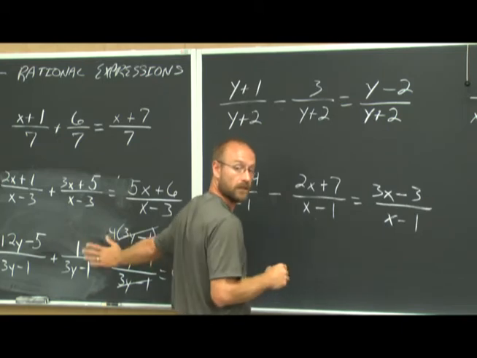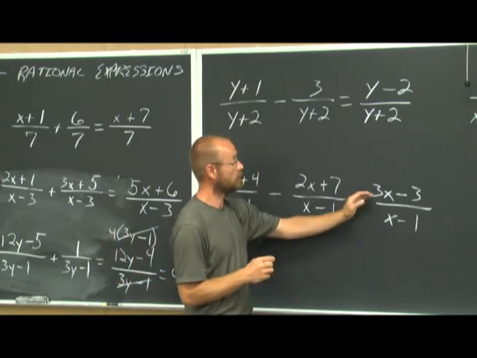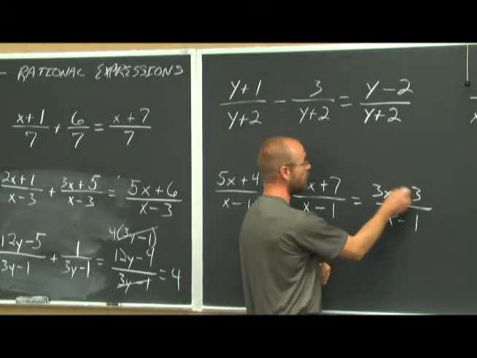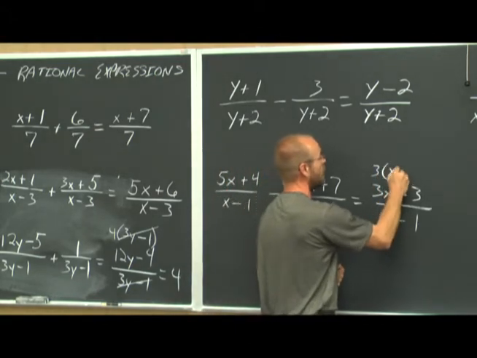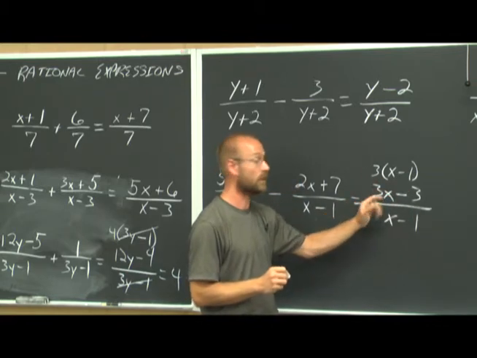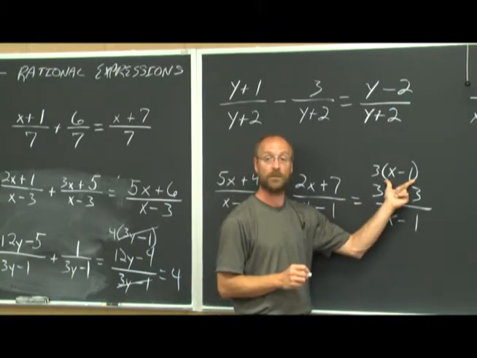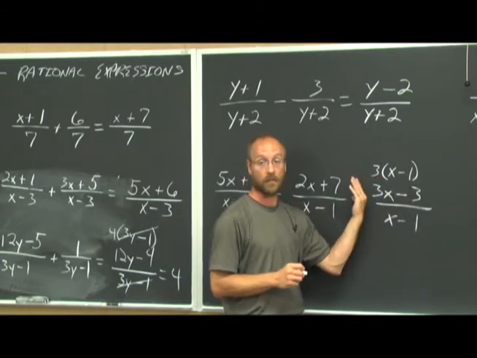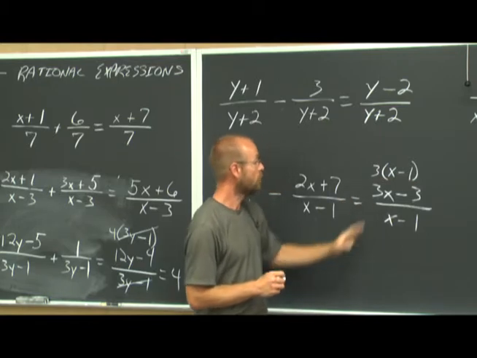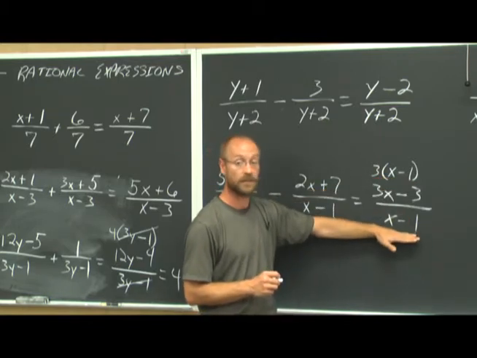Now, just like we did in this example here, factor and reduce. Let's check. Is there anything I could do with this? Well, I could factor out a 3. I see that common factor in these 2 terms. Once I factor it out, I've turned this into a factor because it's being multiplied by something else. The quantity, x minus 1 times 3. Well, now this factor can cancel this entire factor.